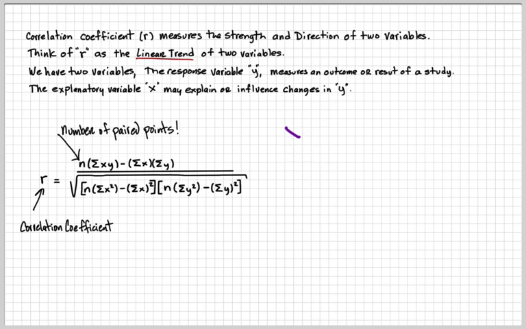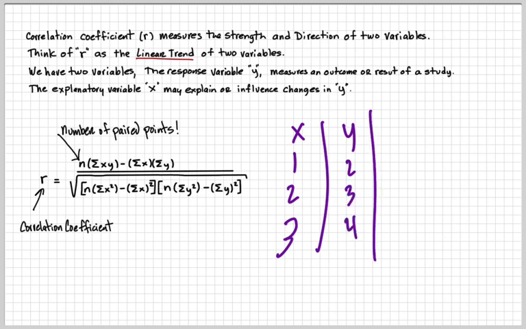Then, you can see here that you have the sum of XY. So it's a good idea to write down X, let's say 1, 2, 3, and Y, 2, 3, 4. And then make another column. In this case, we're going to need X squared, Y squared, XY.